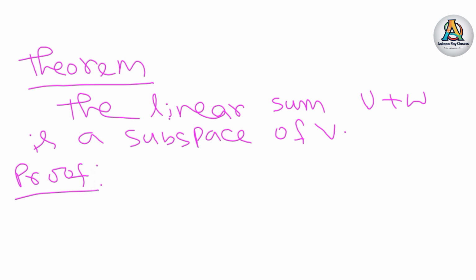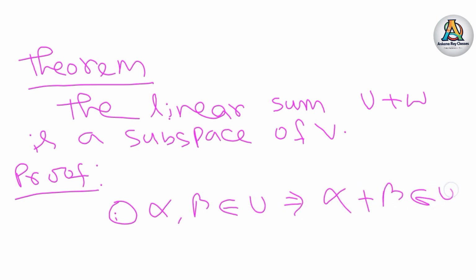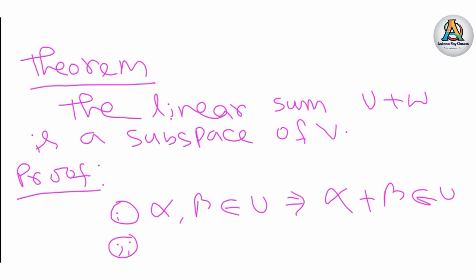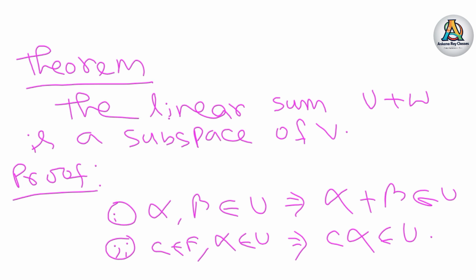A subset of a vector space V is a subspace of V if it satisfies two conditions. Number one, alpha and beta belong to U implies alpha plus beta belongs to U. And number two, c belongs to the field and alpha belongs to U implies c alpha belongs to U. Then U is said to be a subspace of V. These are the two conditions for a subset U of V to be a subspace of V.